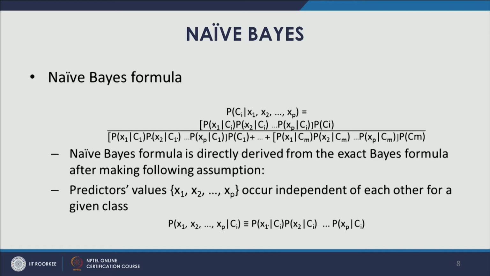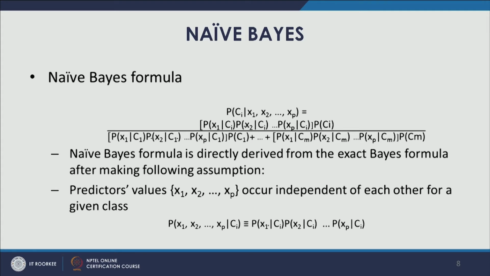Here you can see the probability of x1 given this particular class Ci, then the probability of this predictor value x2 given the class Ci, then the conditional probability of xp with respect to Ci.